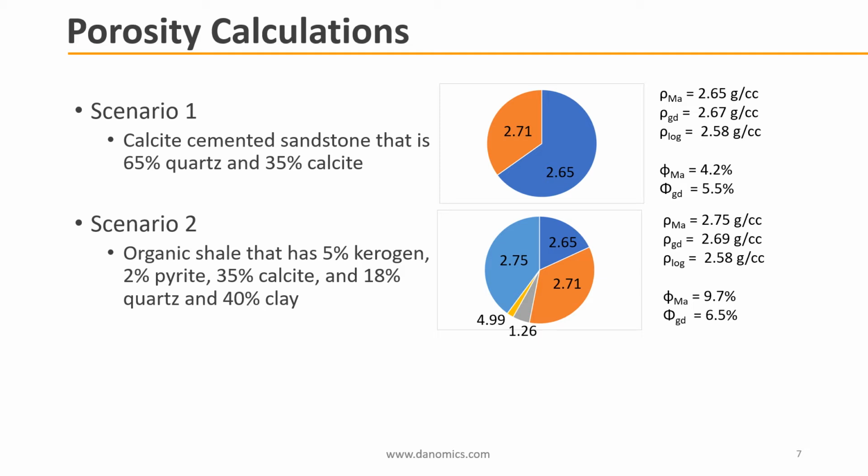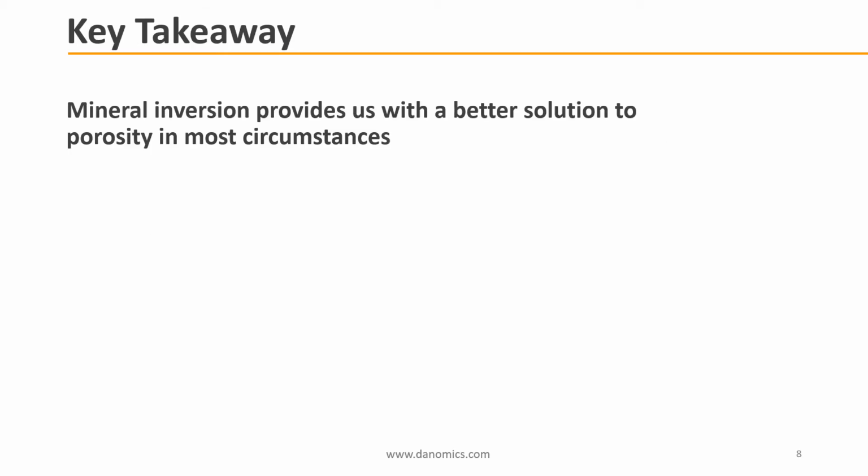And it's this type of benefit that performing a mineral inversion to determine a grain density provides us. It allows us to have a more nuanced and sophisticated look at the porosity. So this is a set of key takeaways, and this is something that I'm going to repeat multiple times during the talk. Mineral inversion provides us with a better solution to porosity most of the time.